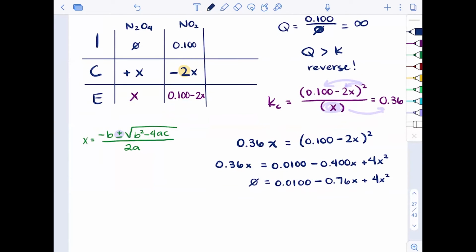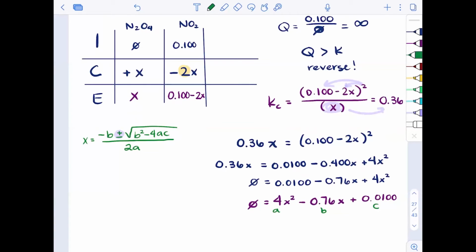One is going to work, one is not going to work, and we'll be able to plug them back in to see which one's not going to work, okay? Now, when we write this in terms of the order, x squared, x, and then no x value, this is where we're getting our A, B, and C.